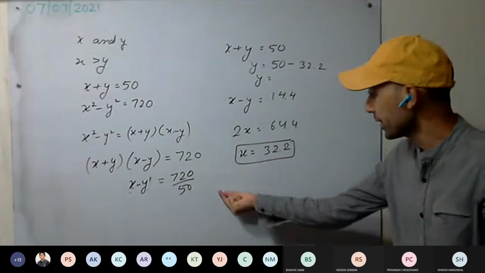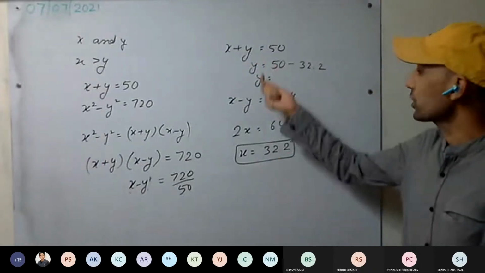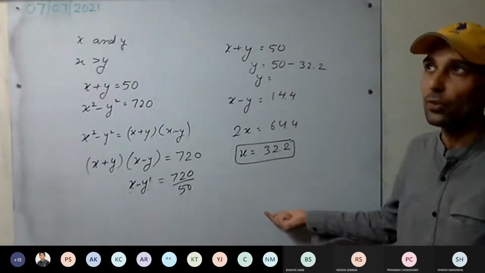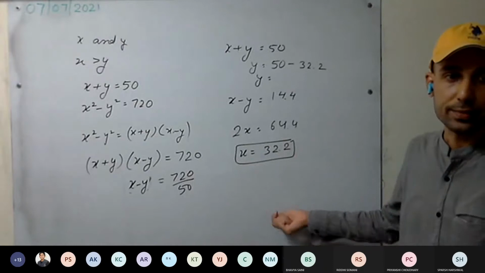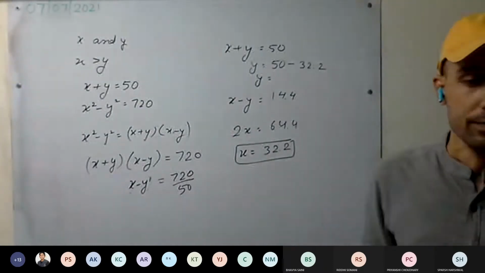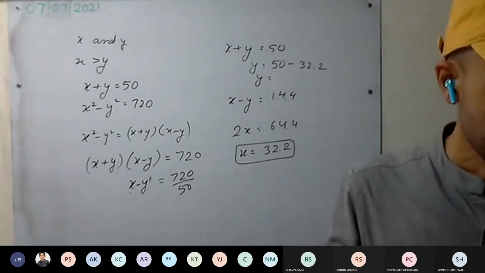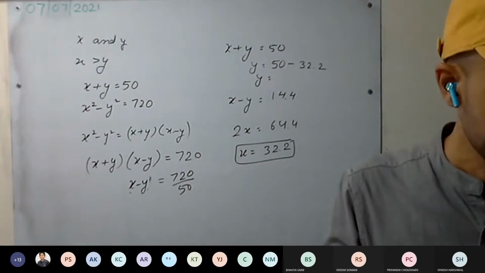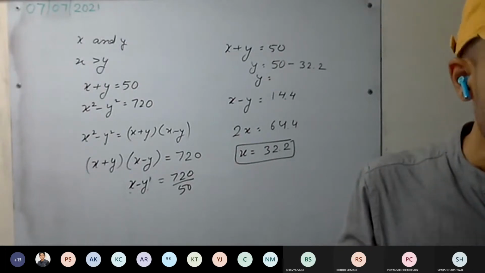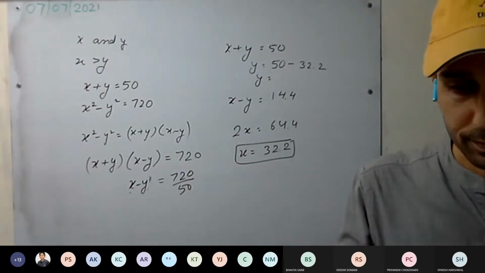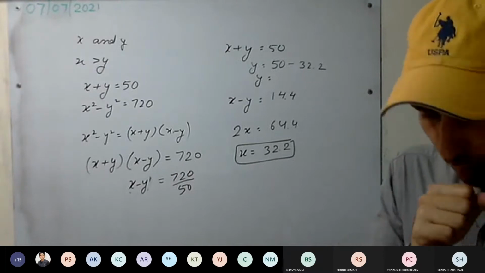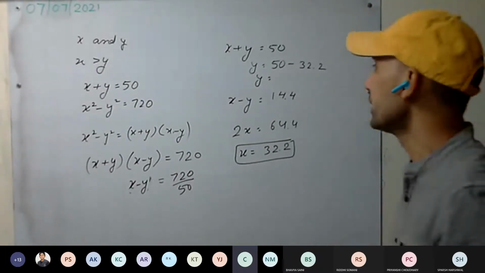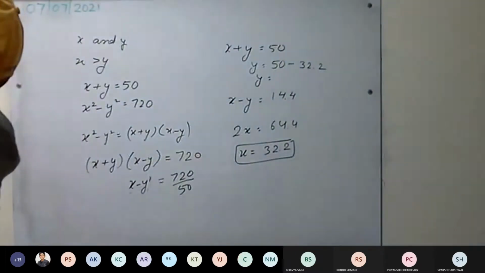First calculate the value of x, then put it in the first or second equation to calculate y. Is the fourth question clear to all? Read the next one.